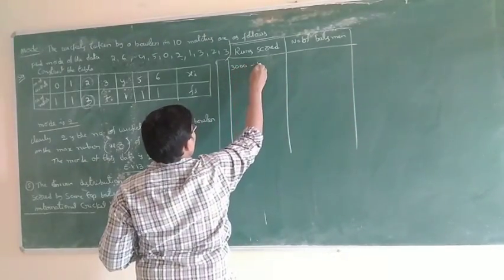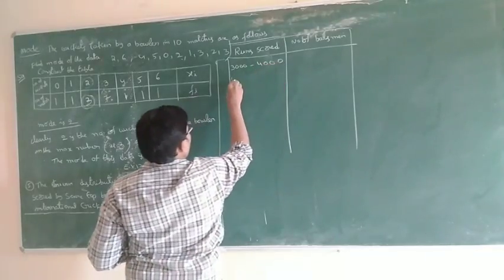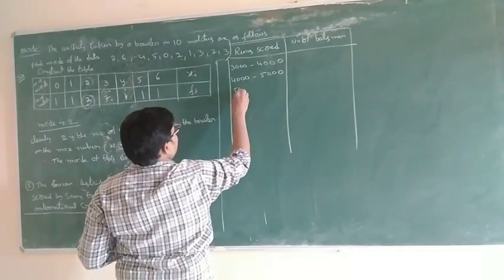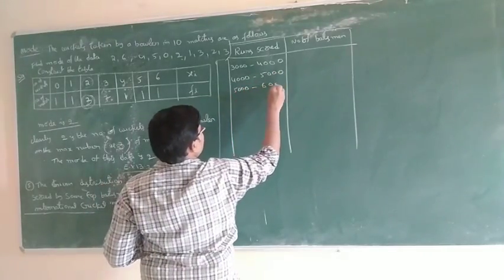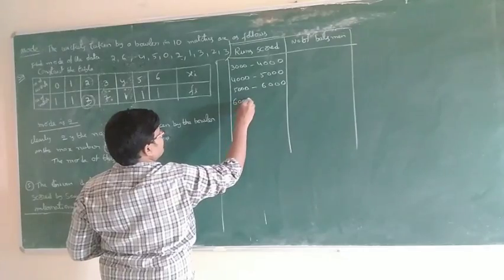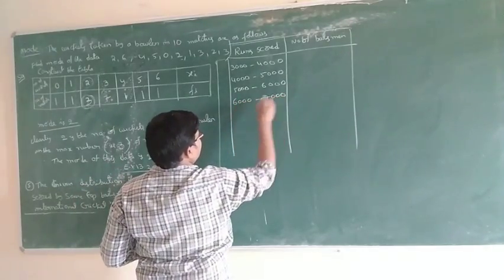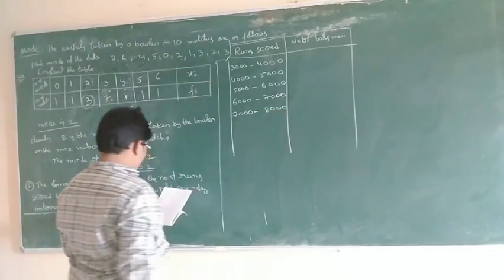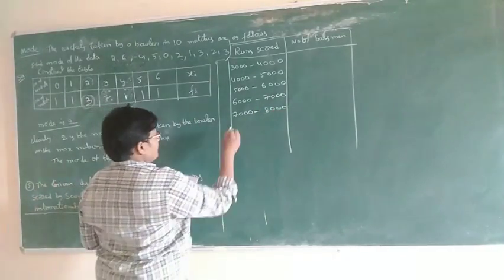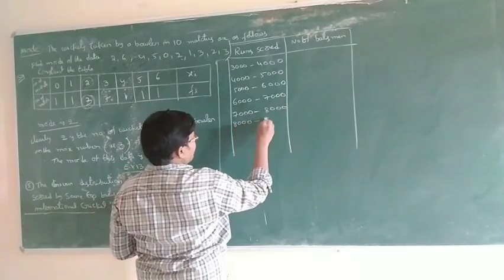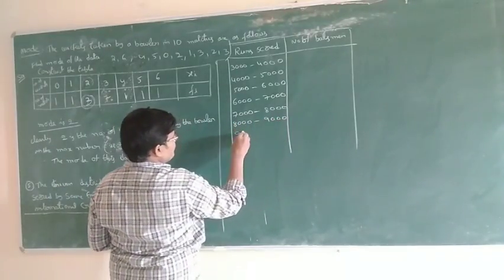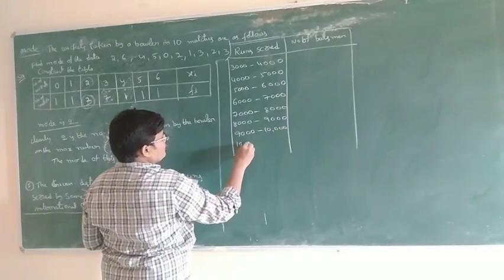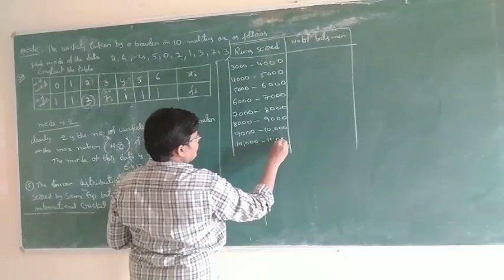3,000 to 4,000, 4,000 to 5,000, 5,000 to 6,000, 6,000 to 7,000, 7,000 to 8,000, 8,000 to 9,000, 9,000 to 10,000, 10,000 to 11,000.